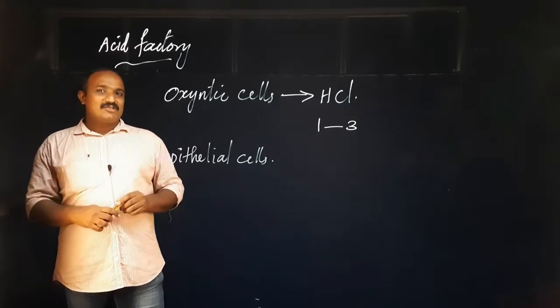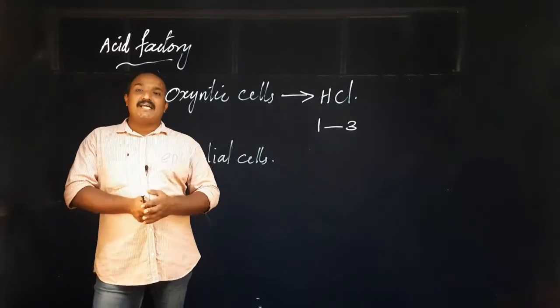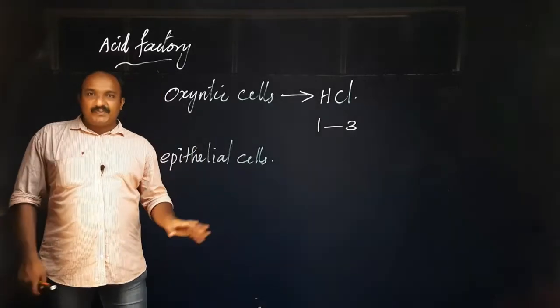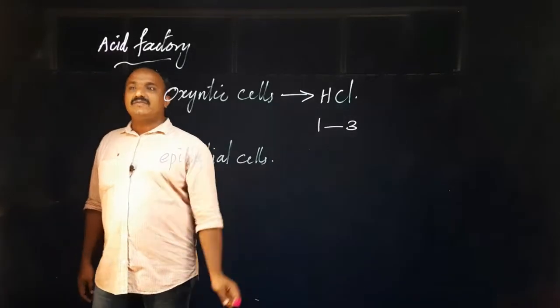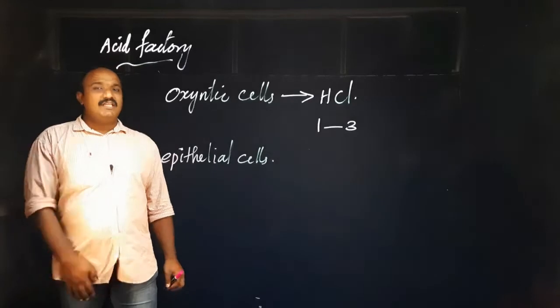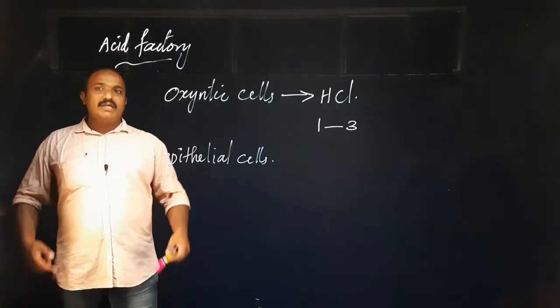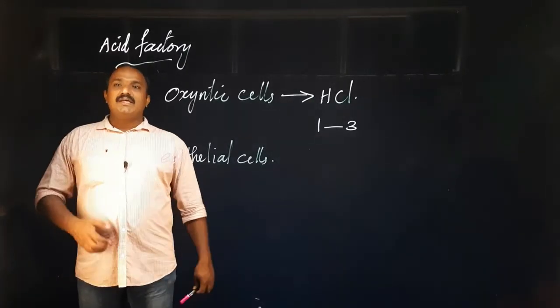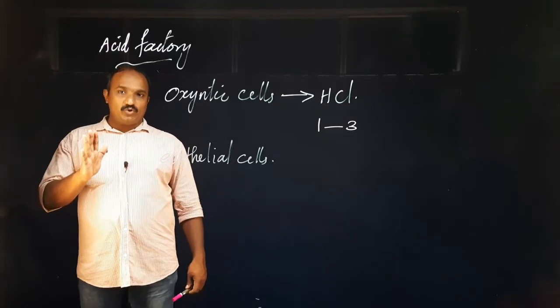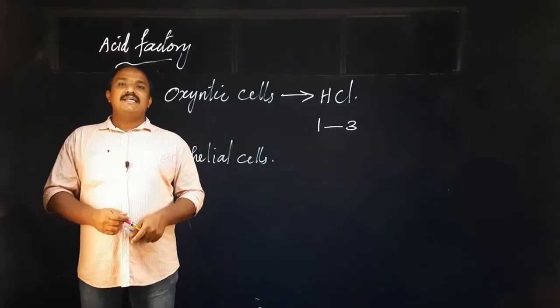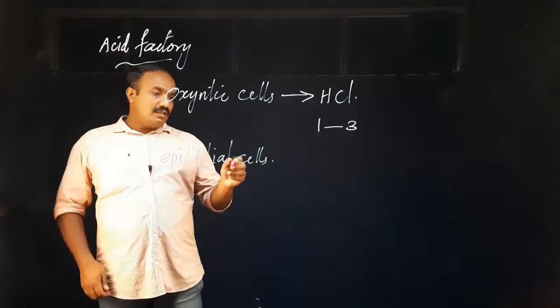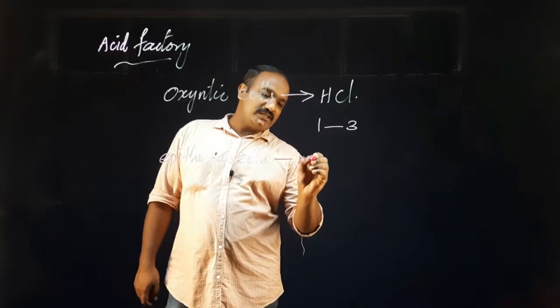Like that, the inner walls of the stomach are covered by something. So there also a covering is present. Wherever a covering is present, which kind of cells or tissue may be there? Epithelial tissue will be there. So on the inner walls of the stomach, there is epithelial tissue to cover the inner wall. So what do they produce?